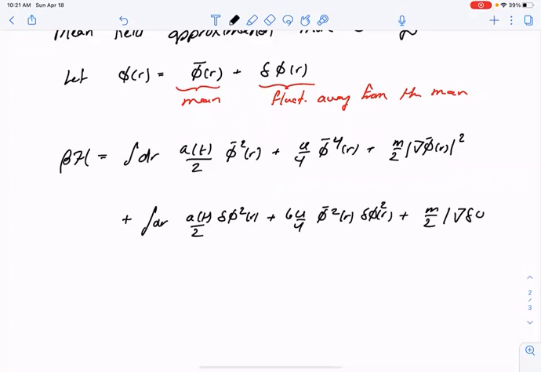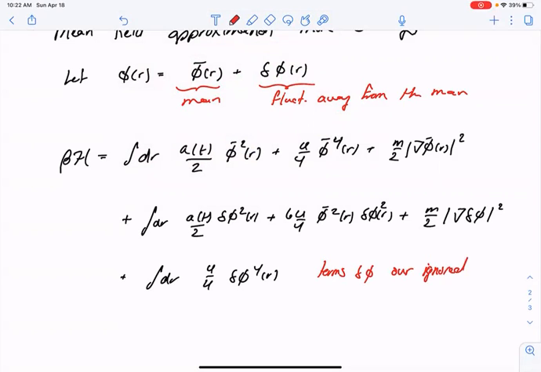We get a squared gradient of the fluctuations. And then we would have a fourth order term in the fluctuations. So we have explicitly dropped any term linear in delta phi, because we know by construction, any linear term is going to average to 0.